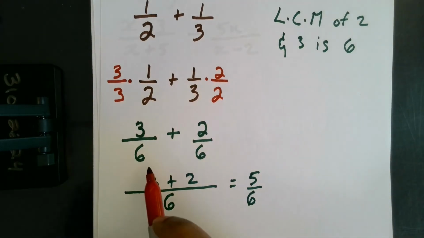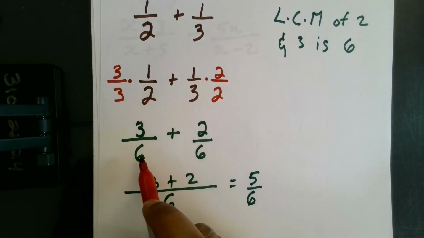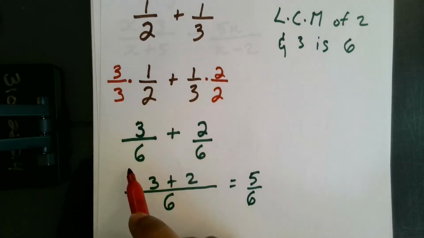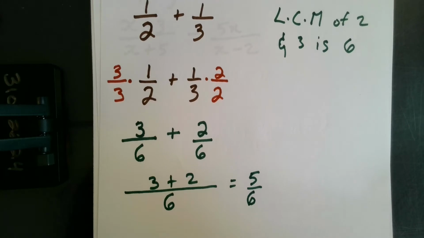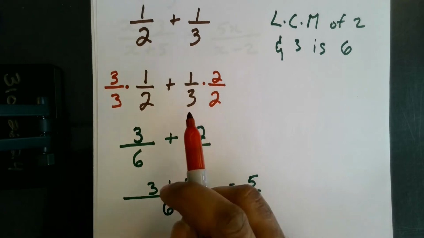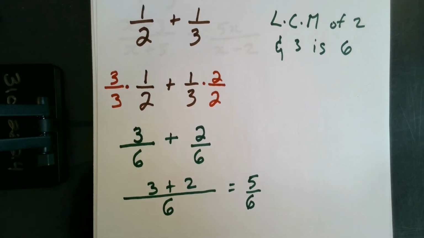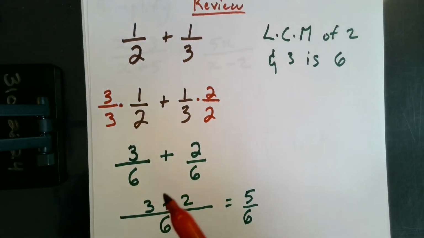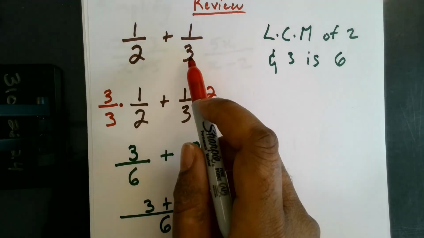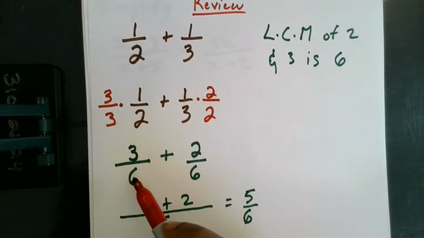Now, because these two denominators are the same, we say that they are common denominators. Yes, very important. Also, to get a common denominator, I could have simply taken these two numbers and multiplied them to get a common denominator.